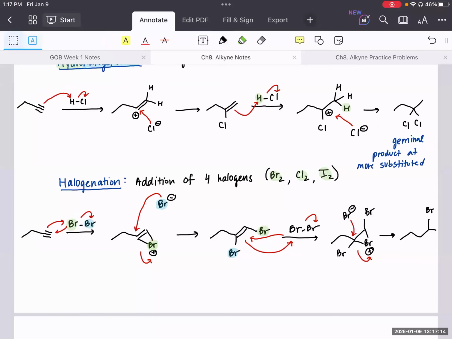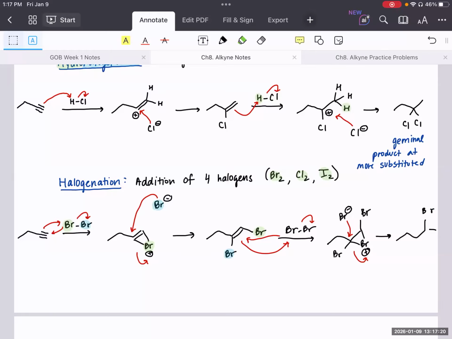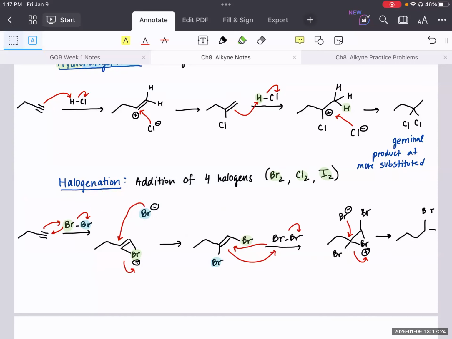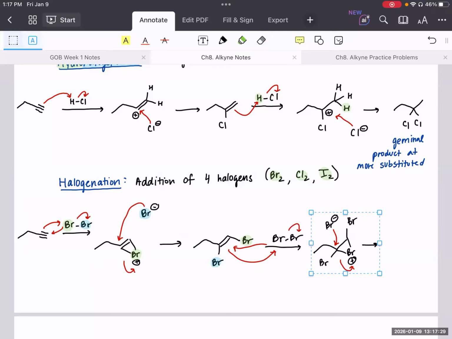And so now I'm running a little bit out of space here, so I'm going to shift all of this over. And so our final product ends up having those same 4 carbons that we started off with. And then we added in bromines at each of the carbons that we started off with.